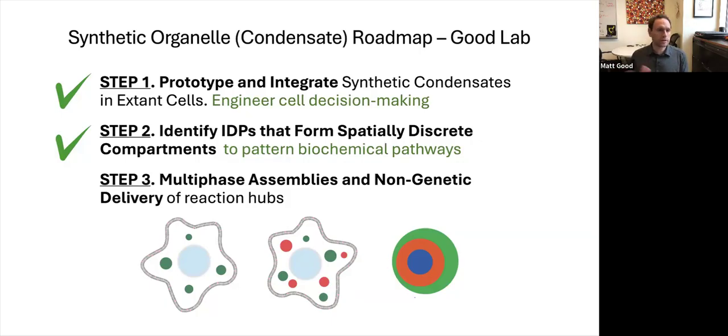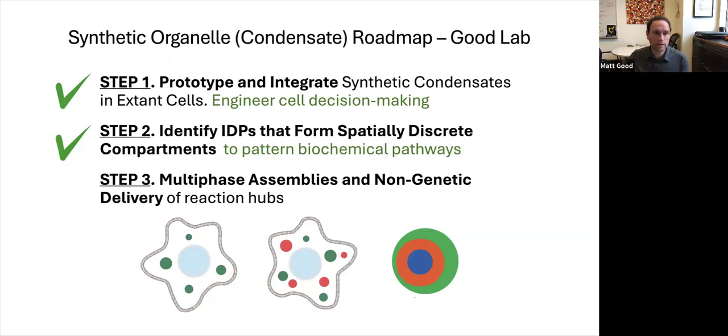Other groups have also used the actual sequence of FUS itself, the low complexity sequence, and fused that to an enzyme. So you can get this multimerization and partitioning using the IDR. We don't think that's quite as effective, which is why we usually dimerize the target and the scaffold, and that gives really good partitioning.